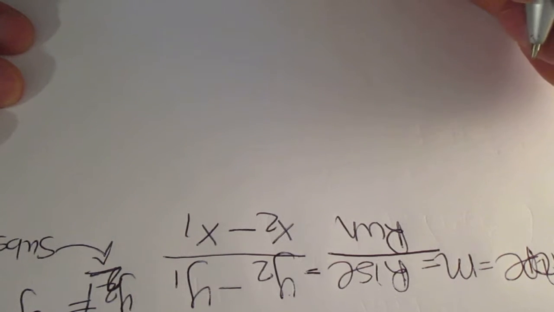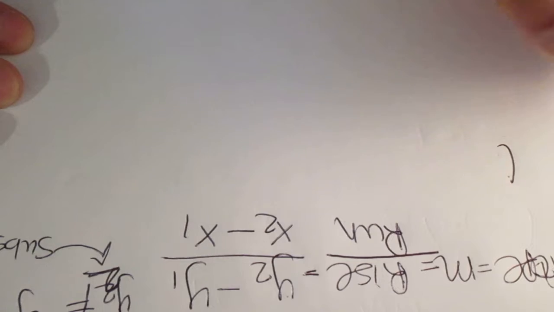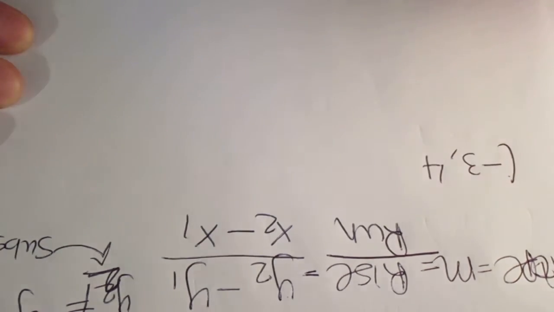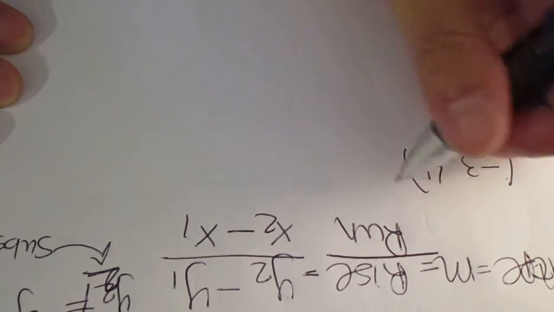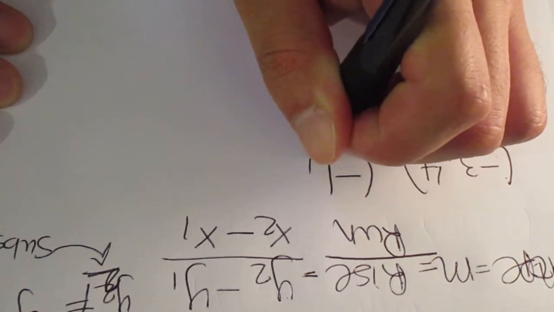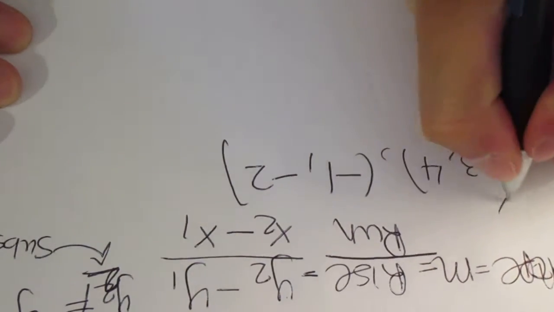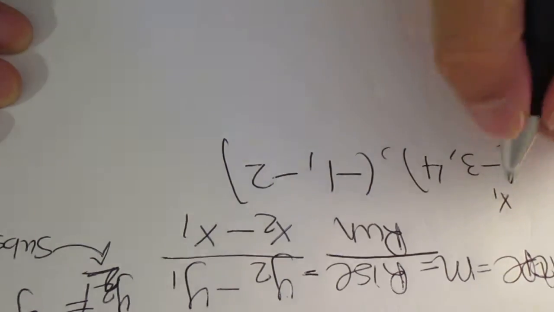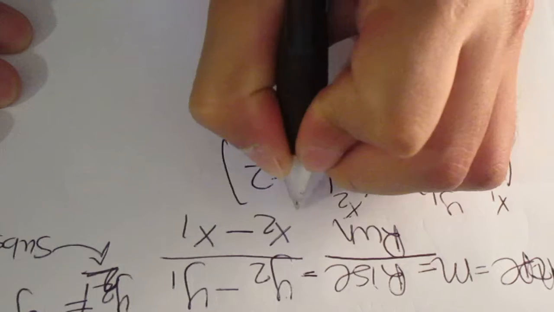Okay, so let's say you have two coordinates, (-3, 4) and (-1, -2). We want to find the slope, so we'll label them x1, y1, x2, y2.